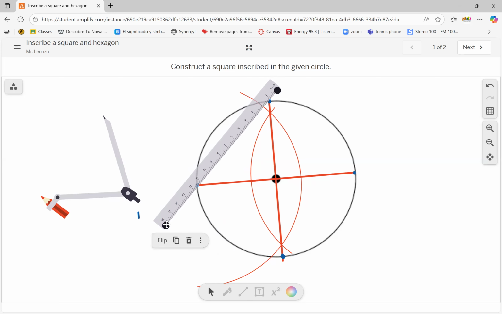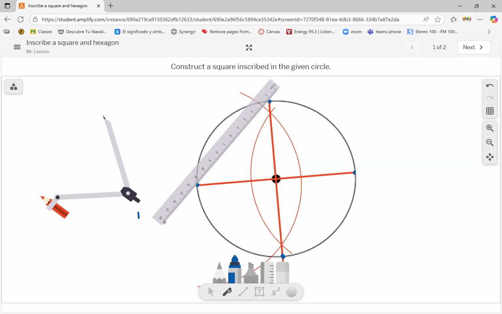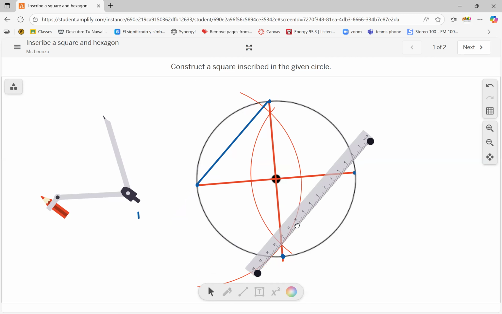Connect those two vertices there. I'm just gonna, oops, grab my ruler to the other side.